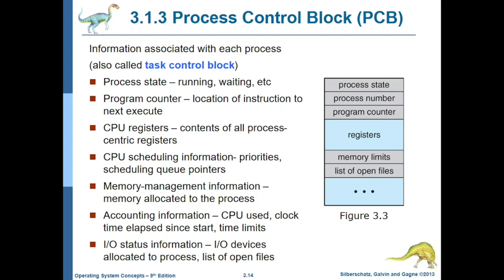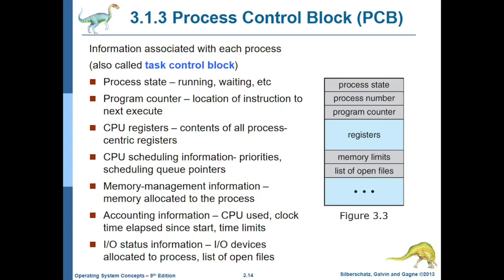The operating system creates a PCB for each process when it is created and uses it to manage the process throughout its life cycle. A PCB has several components as shown in figure 3.3.